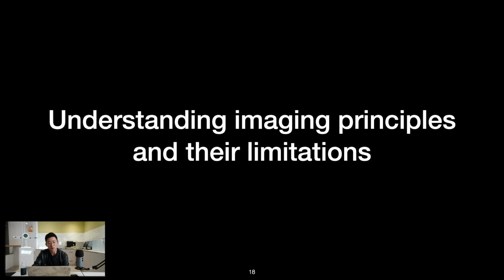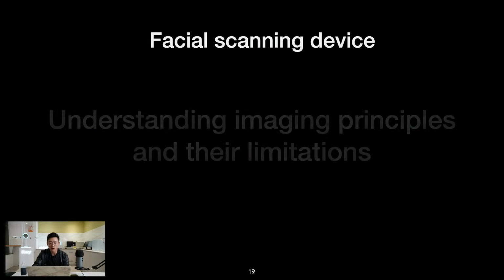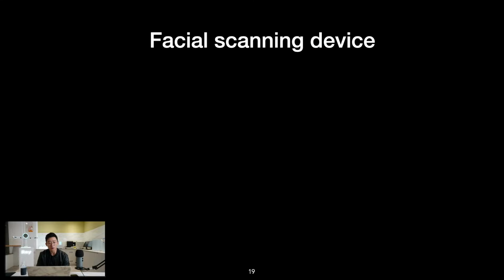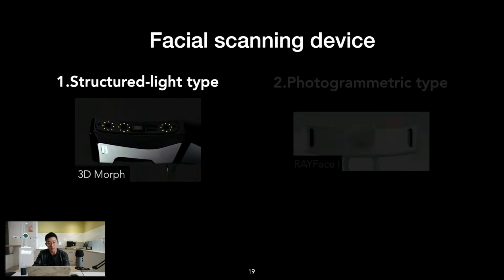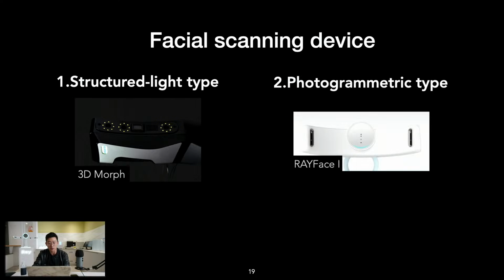So we have to understand the imaging principles and their limitations in facial scanning. Before using facial scanners, we should know that they generally fall into two categories. The first one is the structured light type, and the second one is the photogrammetric type.